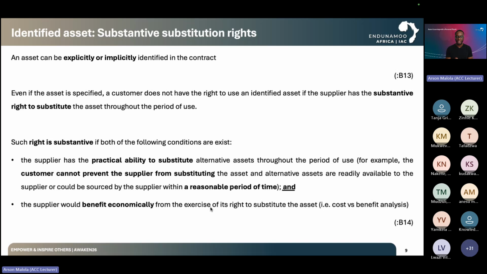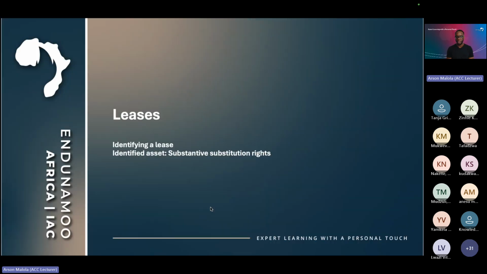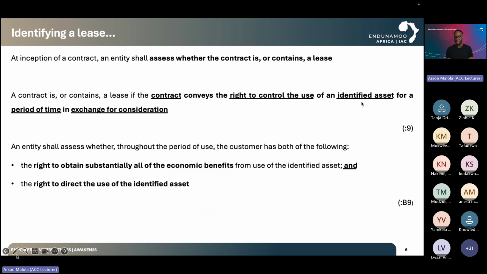Now, that substitution right also comprises two elements to discuss, right? The practical ability and whether or not the supplier has economic benefit from substituting. So you'll find that one point in the core definition, identified assets, can be split into two sub-principles, right? Implied versus explicit and the substitution rights.